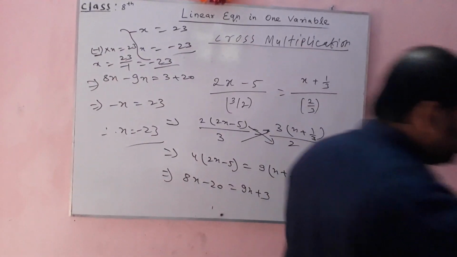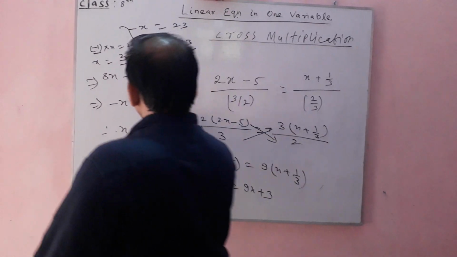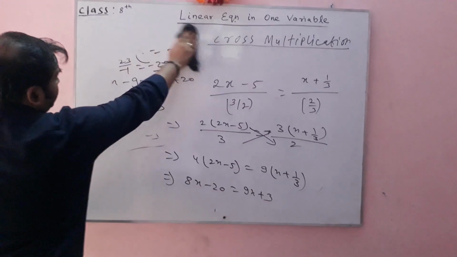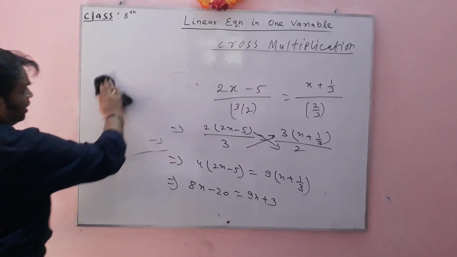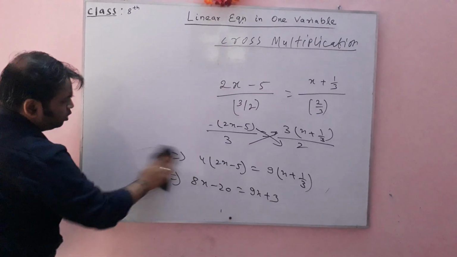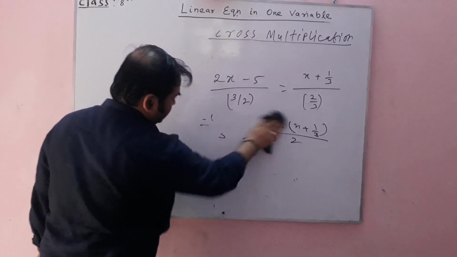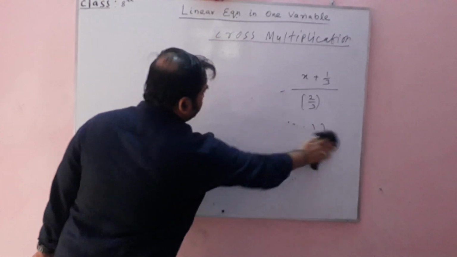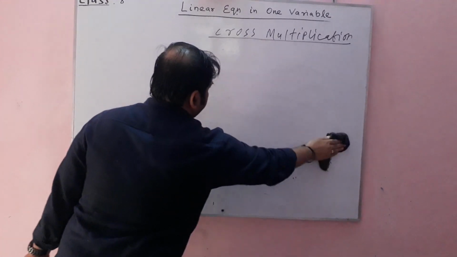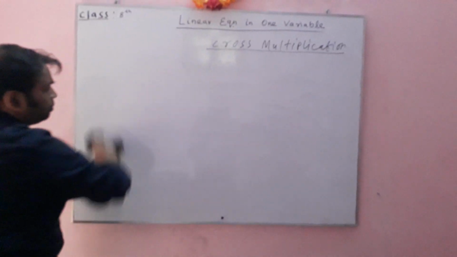Now I am giving you one example of each of the three methods we have studied. The first two methods are called transposing methods, which means when we go from LHS to RHS or from RHS to LHS. And the third one, which I have just taught you, is the cross multiplication method. So we will see one example of each, one by one.